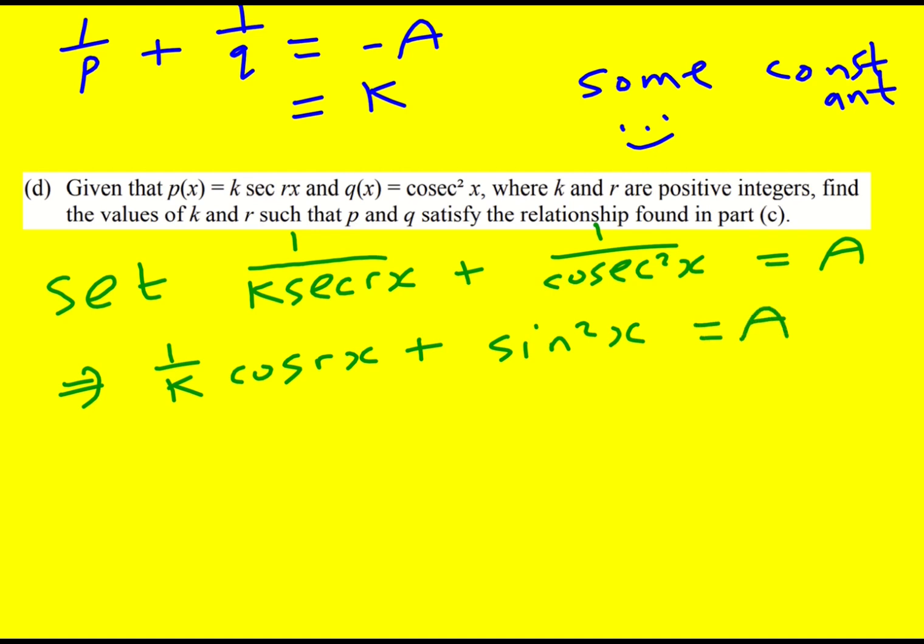Remember, I'm trying to work out the values of k and r for this to work. So I don't really want a sine squared there. So my first thought when I was doing this question actually was to try and change this to 1 minus cos squared x. I'm going to write down what that gives.